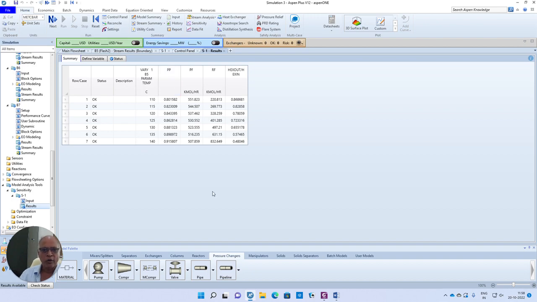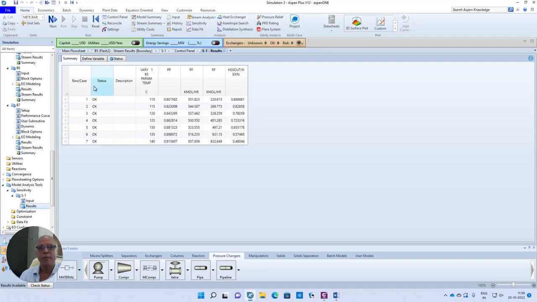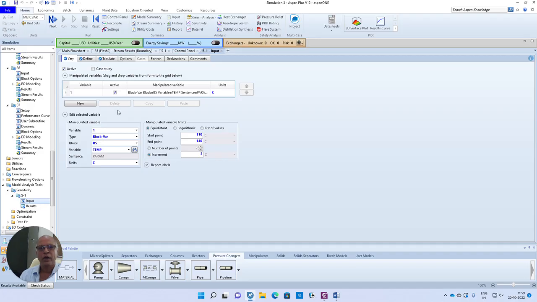Now remember, we are operating the flash column at 120 degrees centigrade. I would like to see, keeping the temperature constant, what will happen to the pressure. So let us try to modify this sensitivity. Now I am trying to vary the pressure instead of temperature.